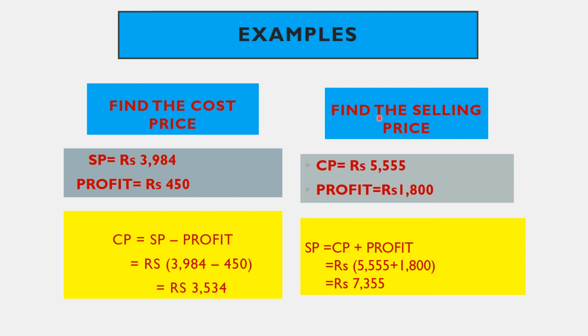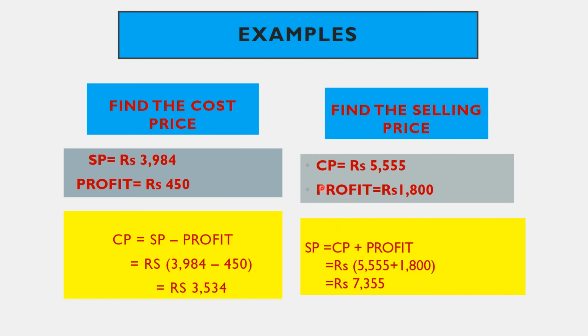Now let us see one more example. Now you have to find the selling price. The cost price is given, the profit is given, right? Now the formula of selling price is cost price plus profit, because selling price is more, then only you are having a profit. So you have to add something to the cost price. So cost price plus profit is selling price.